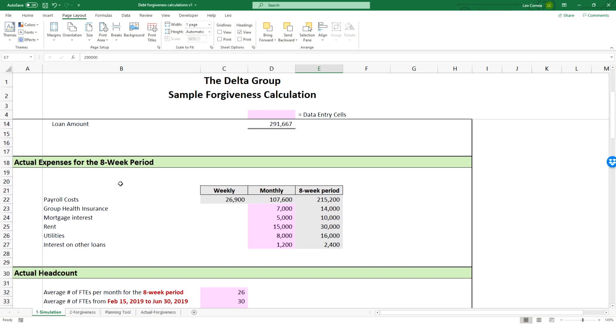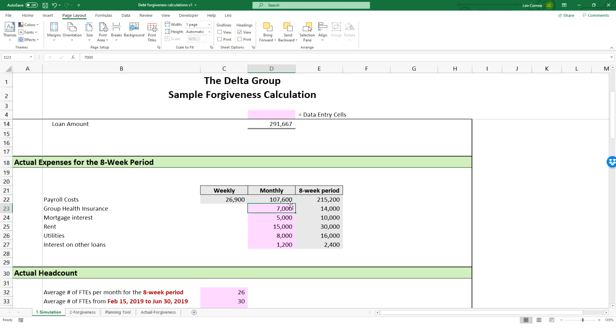Okay. The second section is the actual expenses for the 8-week period. Obviously, payroll we're going to describe later on, but there are certain things like group health insurance, mortgage interest, rent, utilities, and interest on other loans.